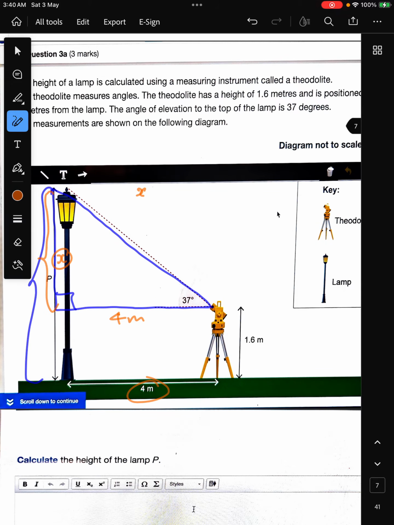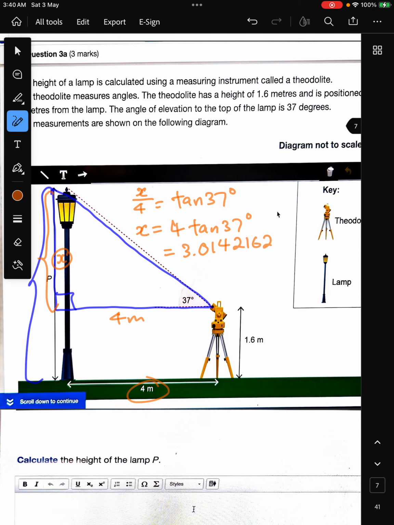We know that x divided by 4 is equal to tangent 37 degrees. To find x, we do 4 multiplied by tangent 37, which I believe gives something like 3.0142162. I'm just going to keep all the decimal places for now.